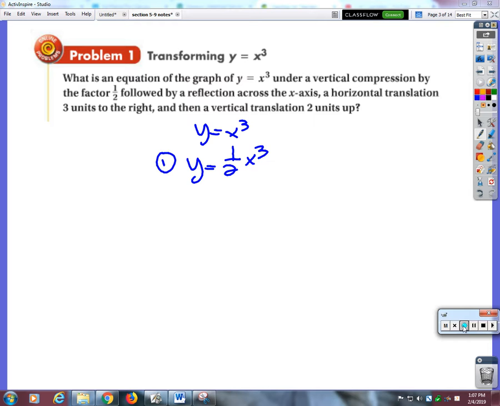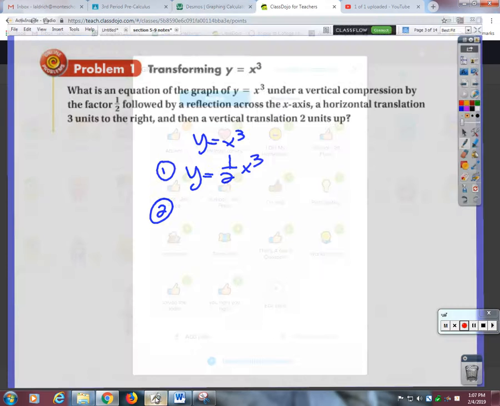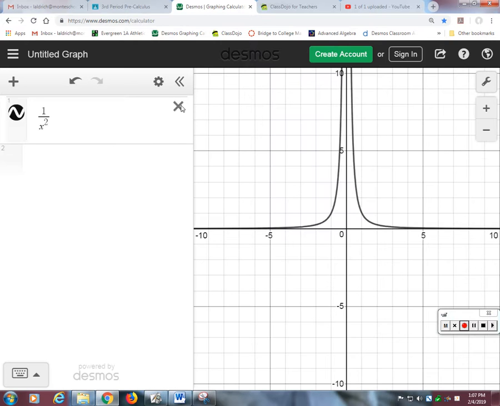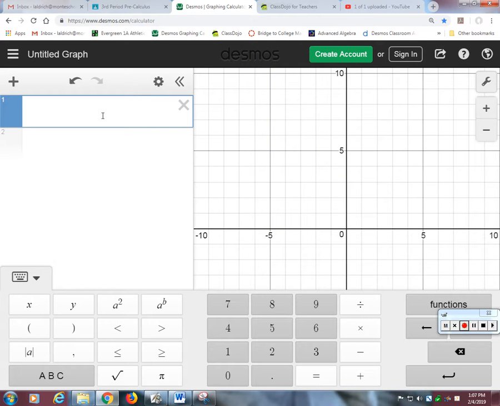Okay, Ashlyn. Sydney compressed the factor by 1/2. Now we want to reflect it across the x-axis. A vertical compression shrinks the graph. So, for example, if I start with y equals x cubed, that graph looks like this.